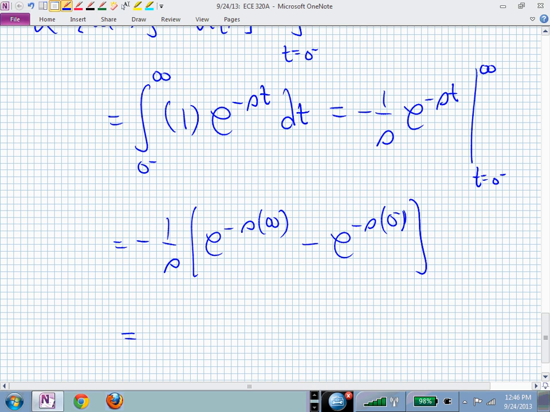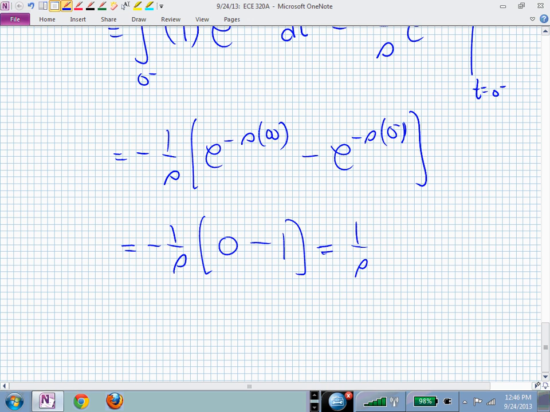We won't go into a lot of detail here, but what is e to the minus a large number? That's 0. And e to the 0 is 1. There is our Laplace transform of the unit step. That's 1 over s. This is now capital U of s, the Laplace transform of u of t.